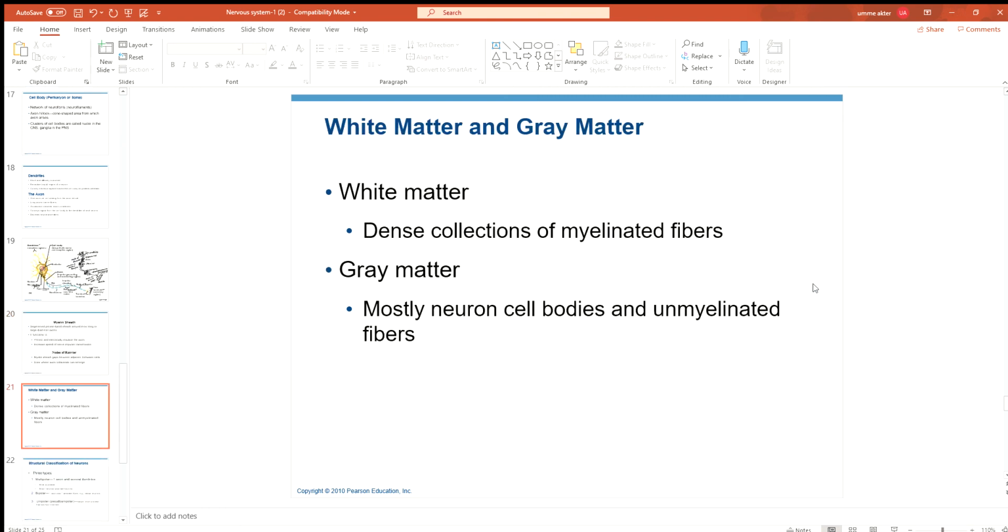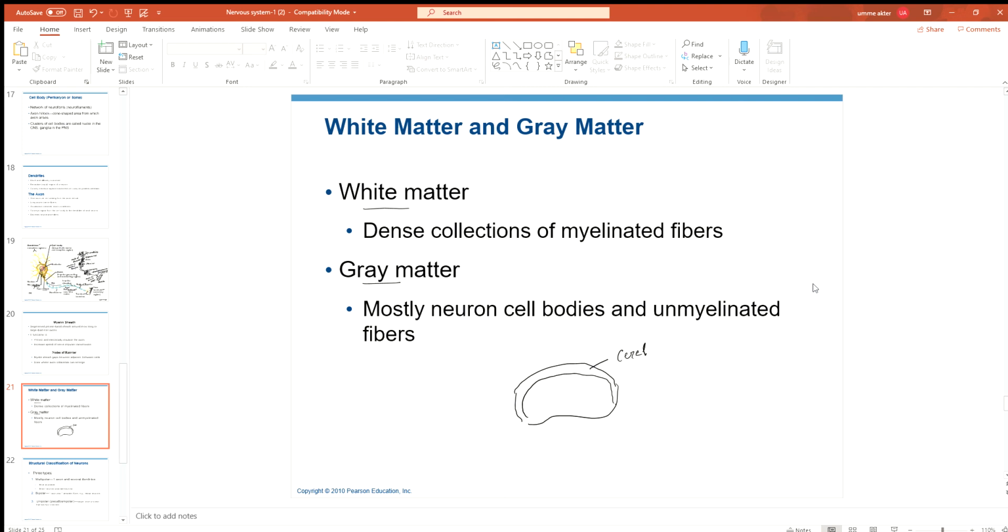Okay. You remember I said in the nervous system we often see white matter, gray matter, tract, nuclei. What is white matter? If this is the brain, the outer thin layer of the brain is called the cortex.